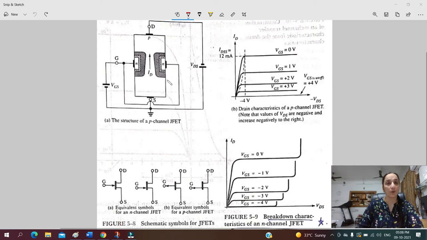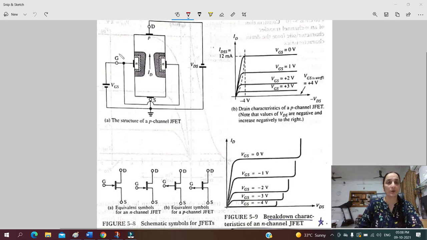Now, when no voltage is applied to the terminals, it has three terminals: drain terminal and source terminal. The current will flow between these two terminals, drain and source, and another controlling terminal is called the gate terminal.